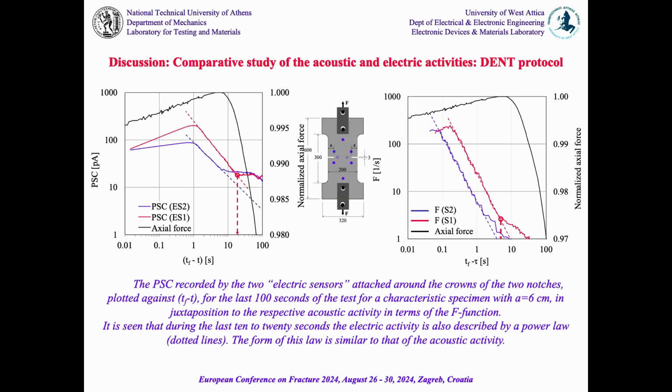Obviously, we observe that the electric current starts increasing very rapidly at the notch from which fracture starts. So we have another tool in our hands to predict the notch, the geometric discontinuity, from which fracture will start. And if you compare the results of the electric activity with that of the acoustic activity, I think that the similarity is striking.